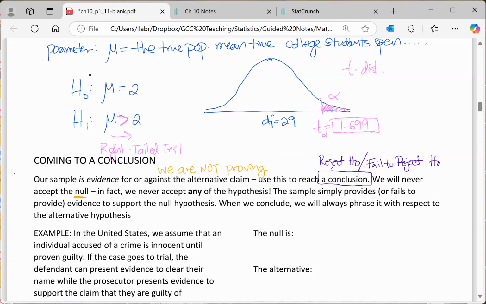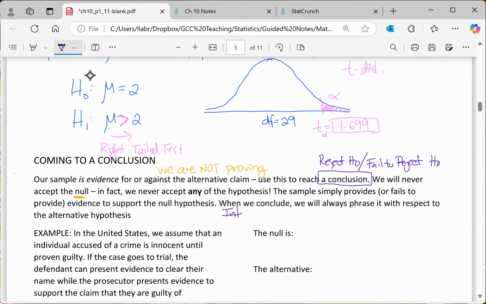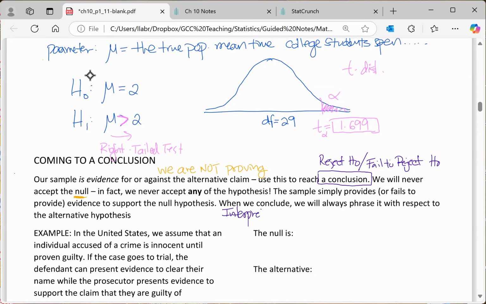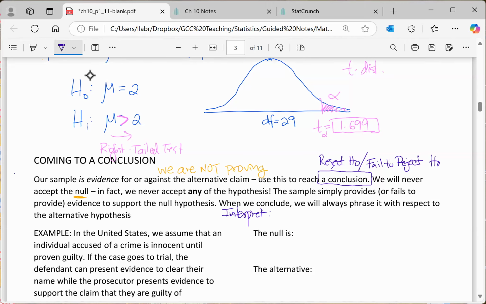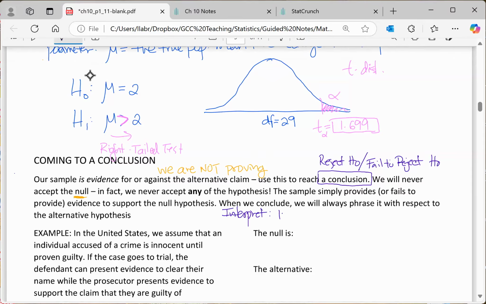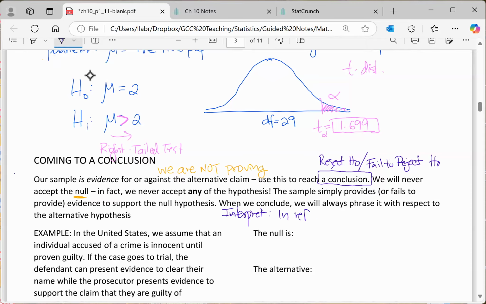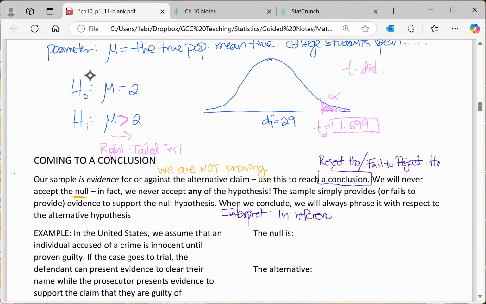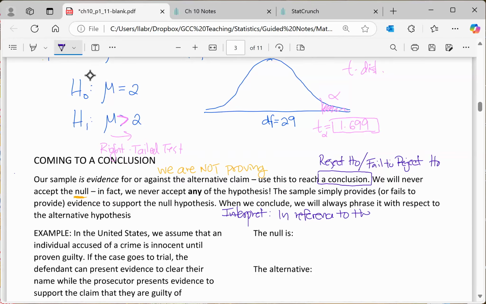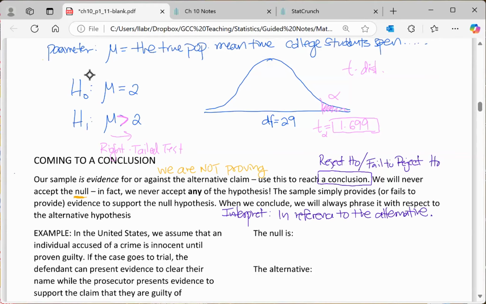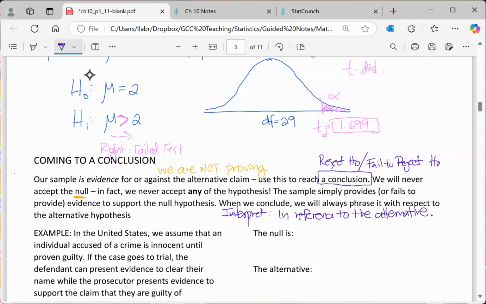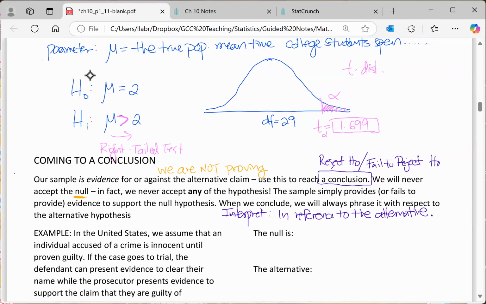However, there's a conclusion, and then there's an interpretation. When you interpret, always make sure you do it in reference to the alternative. When you conclude, you're only going to be talking about H0.